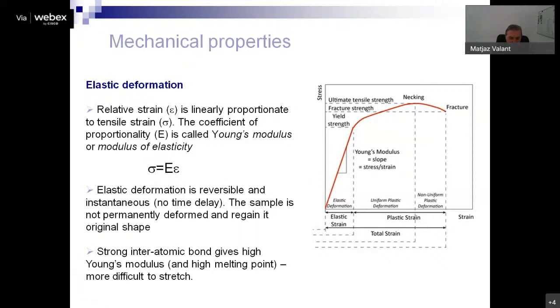The slope will be high and the sample will not be very elastic. If the strength of the bonds is low, if it's weak, then the slope of this linear part will be small, and the material will be highly elastic.